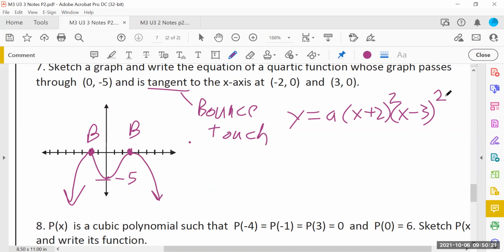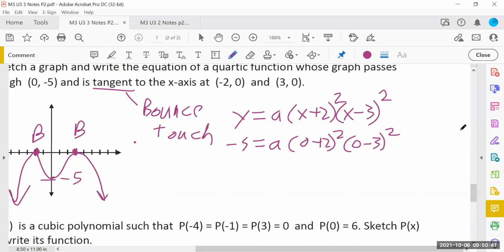To find a, I have to plug in 0, -5. Okay, so -5 equals a times 0 plus 2 squared times 0 minus 3 squared. This one ends up being not very pleasant. 2 squared is 4. 3 squared is 9. 4 times 9 is 36.